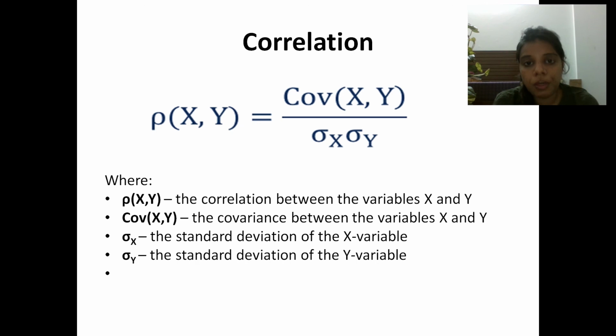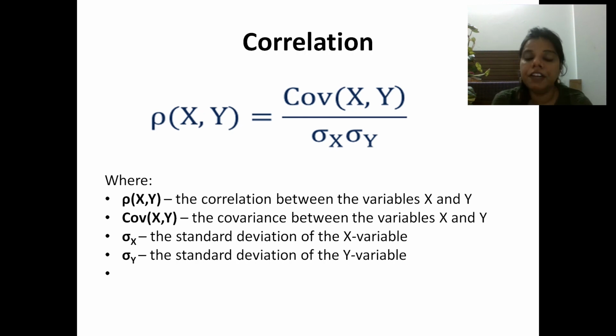So this is the formula of the correlation. Cov(X,Y) is the covariance between the variables x and y. Now, where does covariance come into the picture? It also shows us the relationship between the two variables.